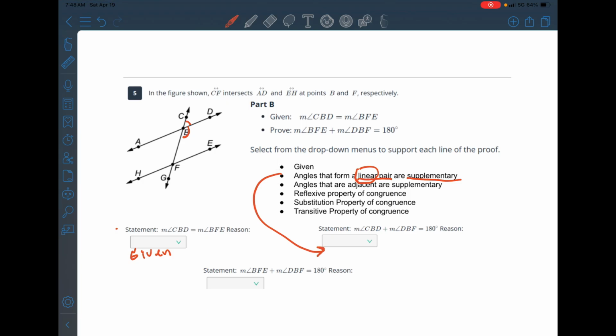All right. And then the last one says BFE, which is here, is congruent to DBF. Well, let's keep looking. Look what they gave us here. These two are congruent. And right here, these two are congruent, are equal.